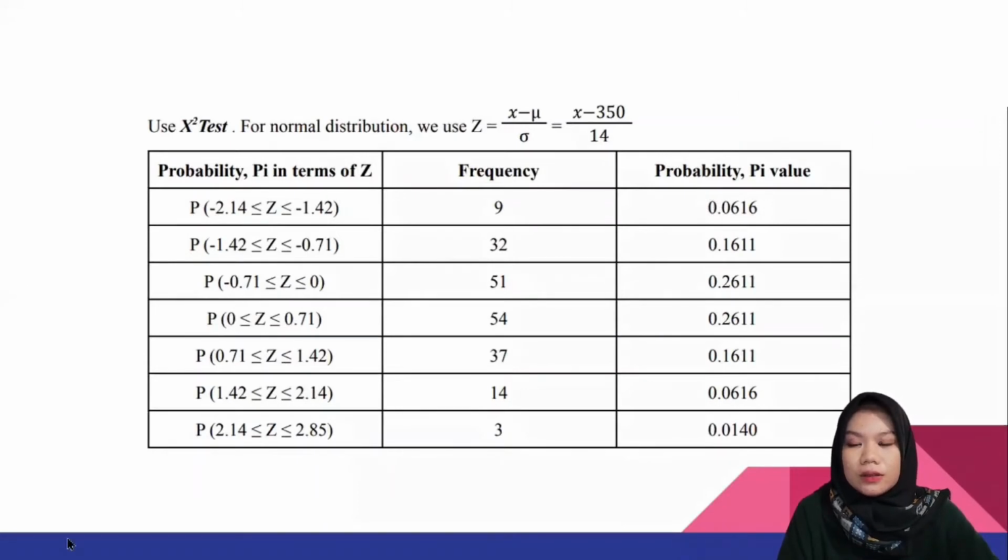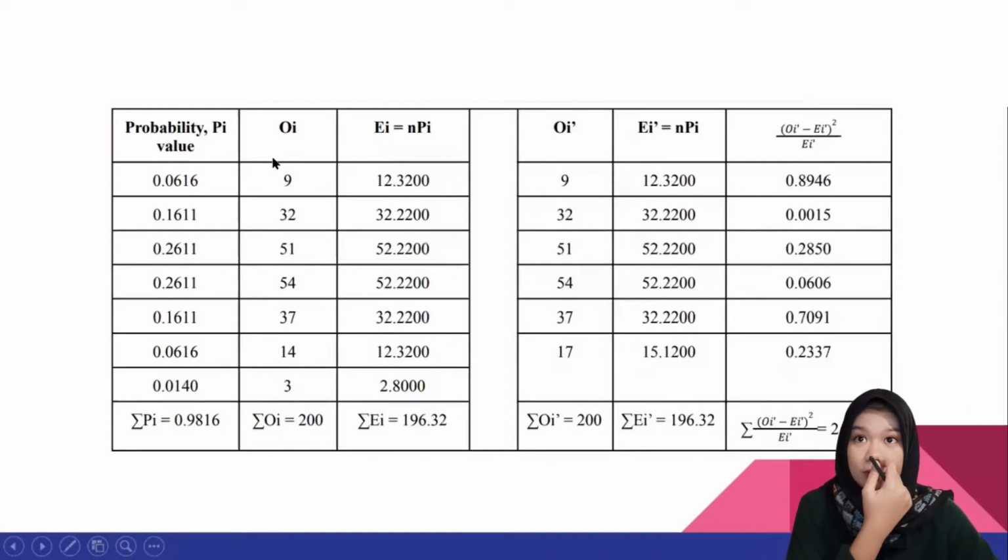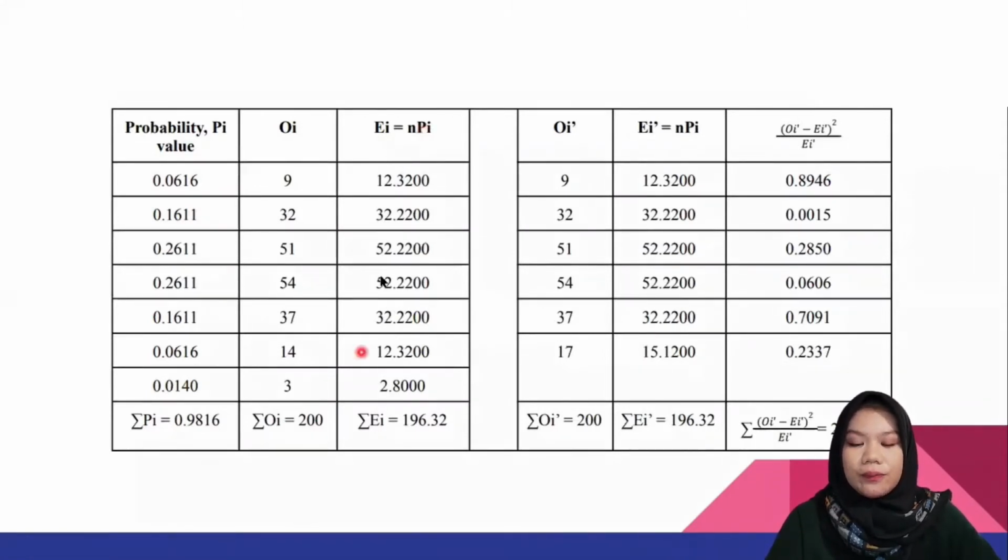Moving on to the next slide, this one is the probability value, and the right side is the frequency and the expected value. We got the expected value from n times pi, where n is 200 and pi we get from this value.